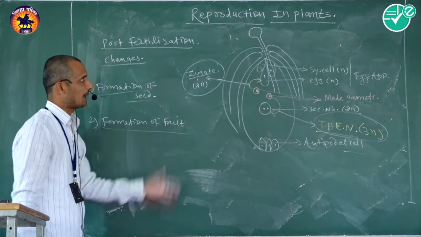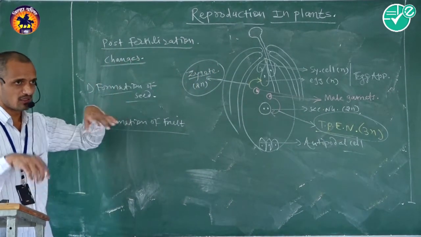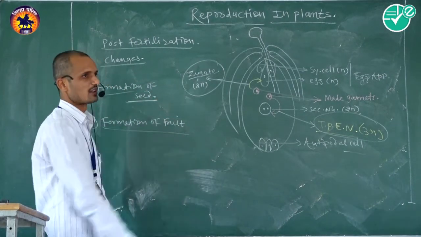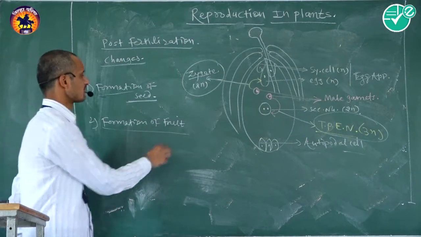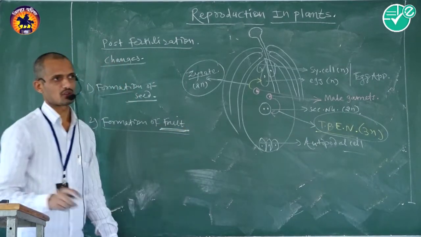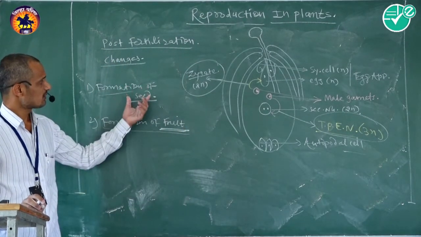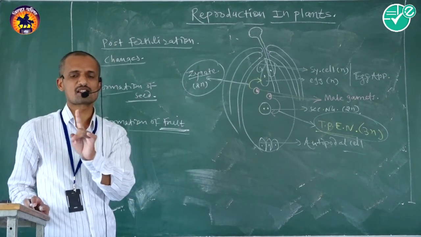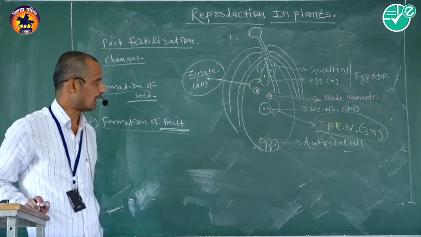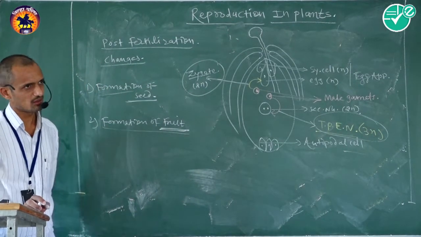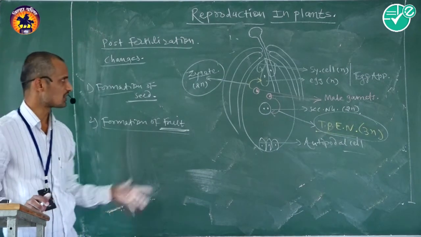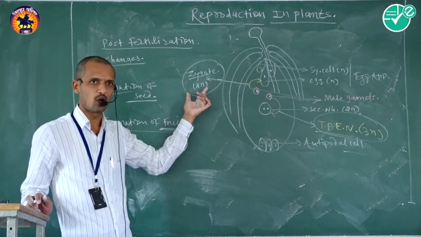Okay. After fertilization, the total ovule gets converted into seed and the total ovary gets converted into fruit. At the end of the double fertilization process, a diploid zygote will form.